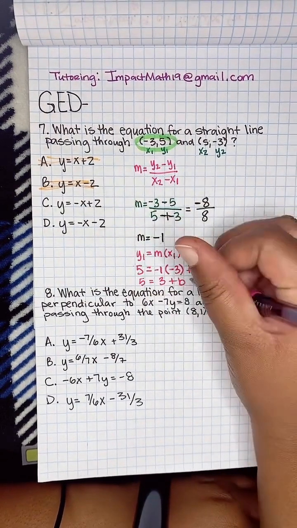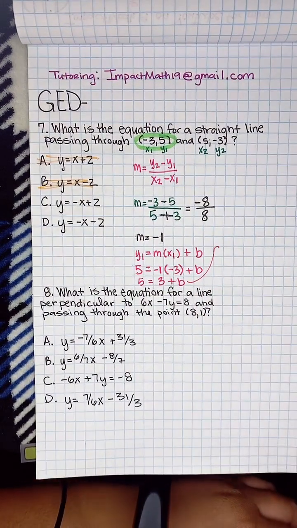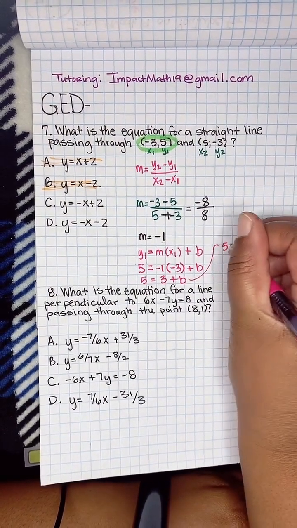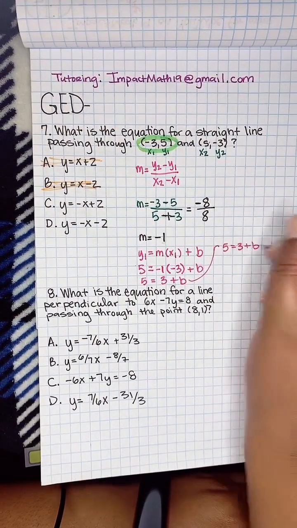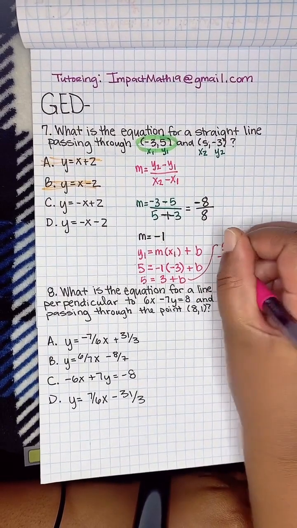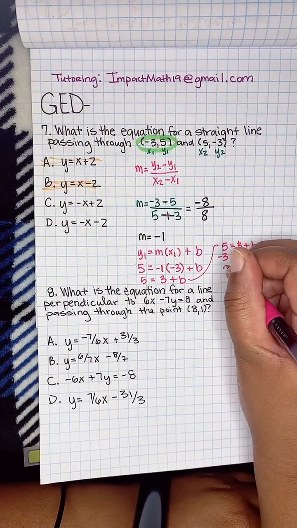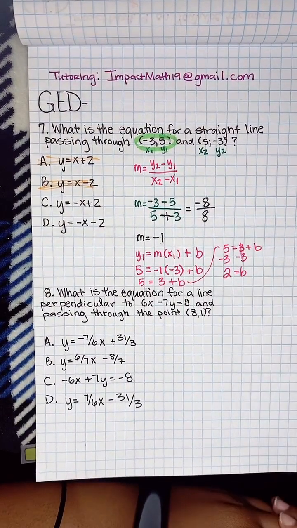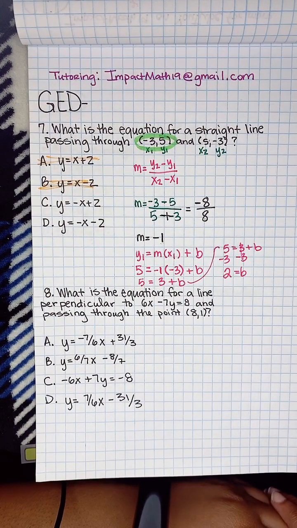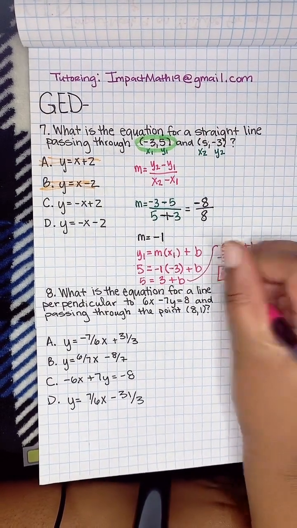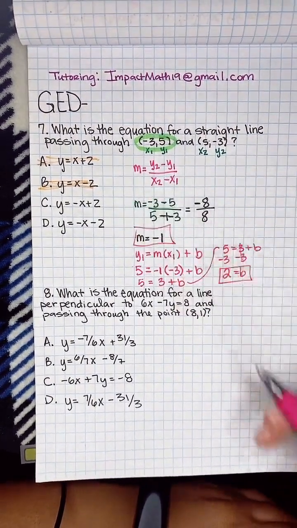So I'm going to rewrite it over here. We're going to do 5 equals 3 plus b, and we're going to subtract 3. So we get b equals 5 minus 3, which is a positive 2. All right, so we have our b and we have our m.